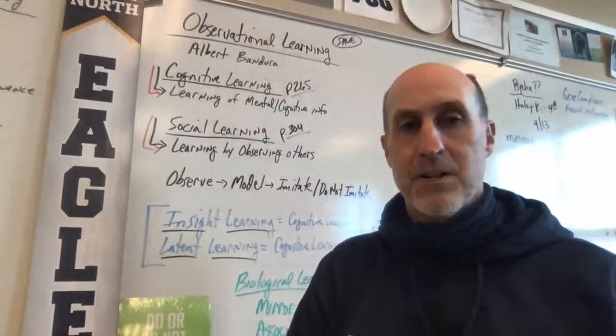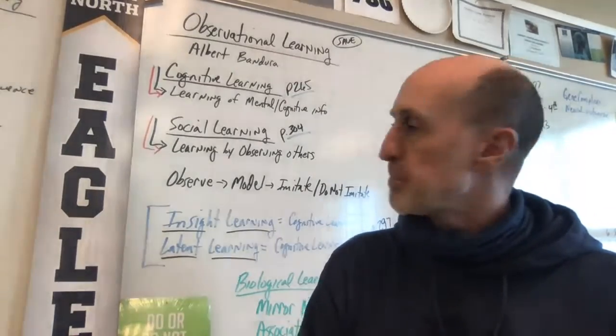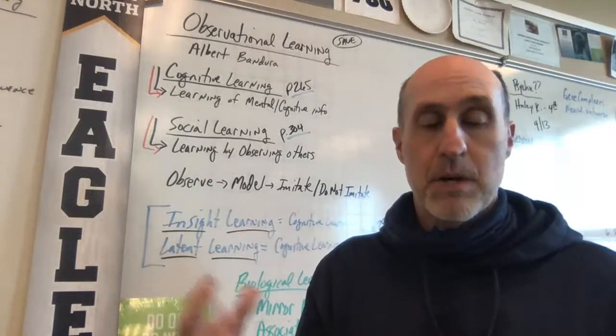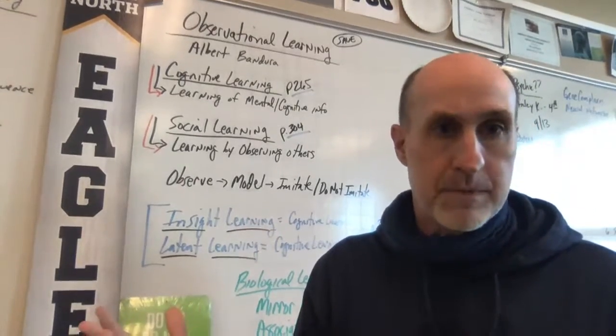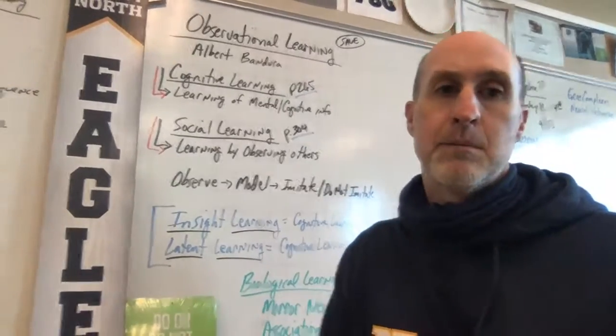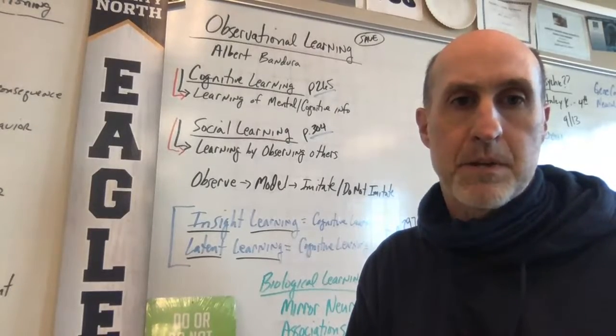So I get a good grade if I show you what I've learned, and I get a bad grade if I don't. So that's latent learning. And obviously that's cognitive learning as well, because it involves memory and many other things. But again, I have to store it, and I have to retrieve it. So those are obviously complex cognitive processes there, okay?